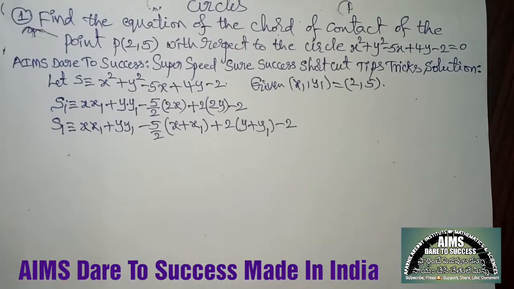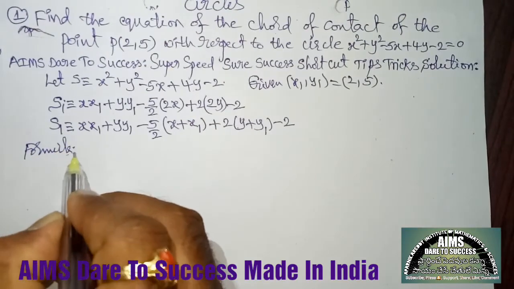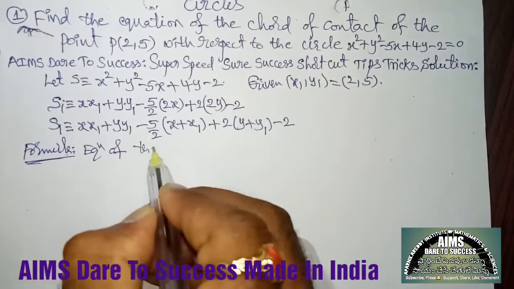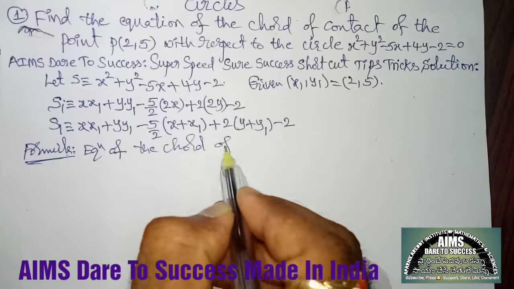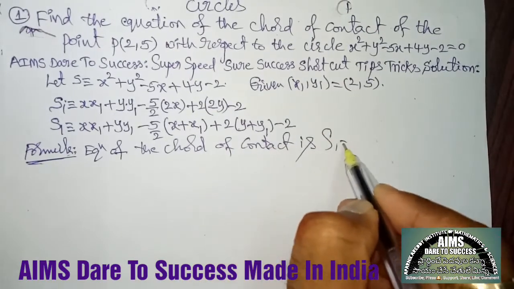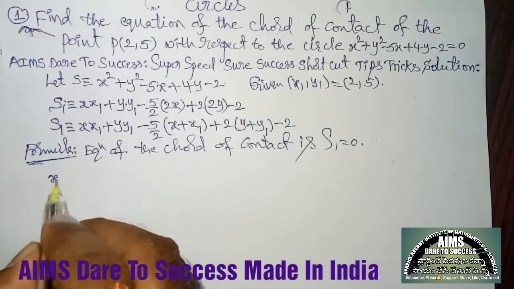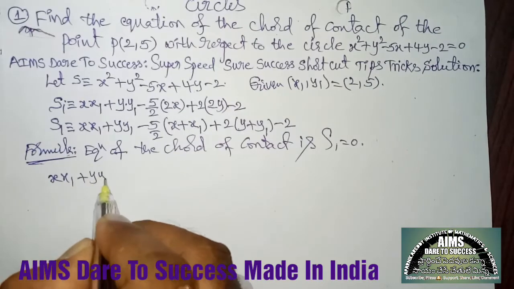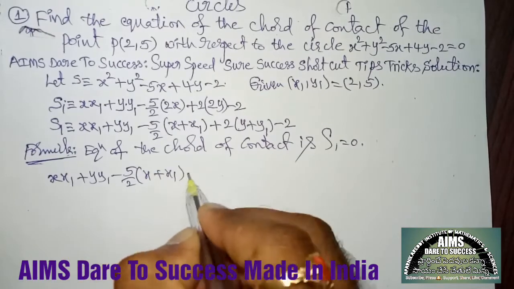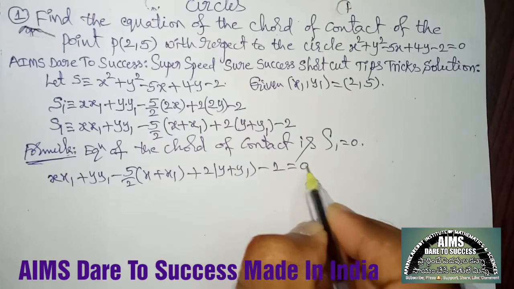Now I wanted to write a simple and sweet short formula: the equation of the chord of contact is S1 is equal to 0, means this complete value is equal to 0. Now again I wanted to write x x1 plus y y1 minus 5 by 2 into x plus x1 plus 2 into y plus y1 minus 2 equal to 0.